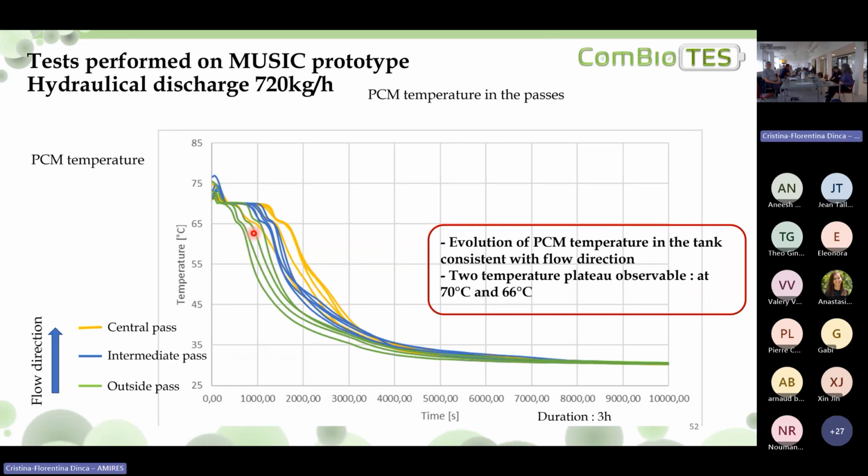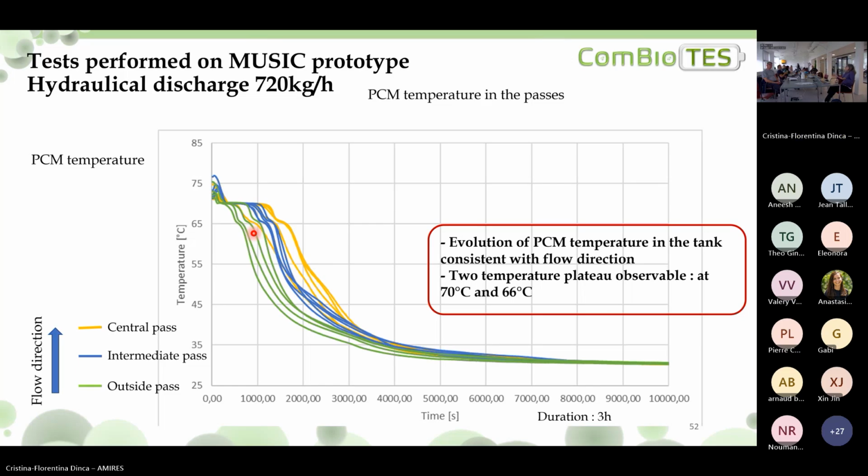ICEA on other storages with the same PCM. One of our students in the lab did some DSCs of the PCM, which is RT70HC, varying the temperature ramp. When she had a very, very low temperature ramp, she also observed 2 peaks in DSC.